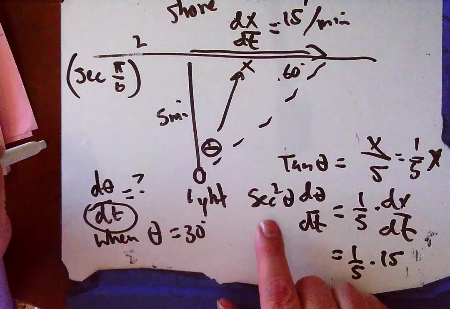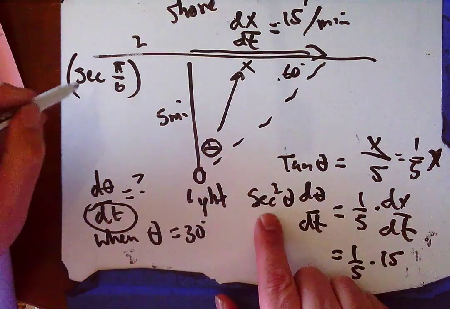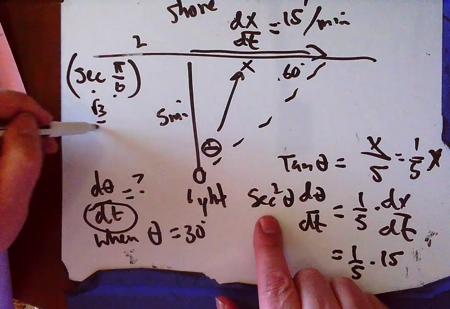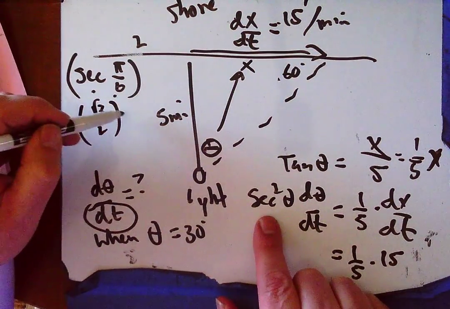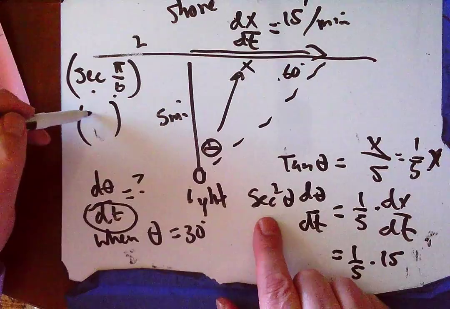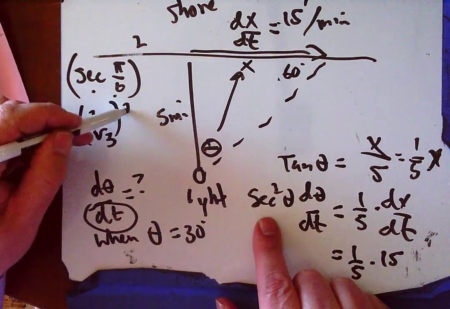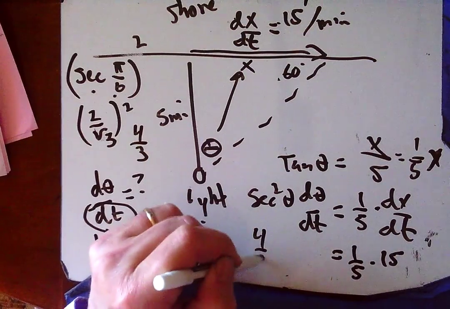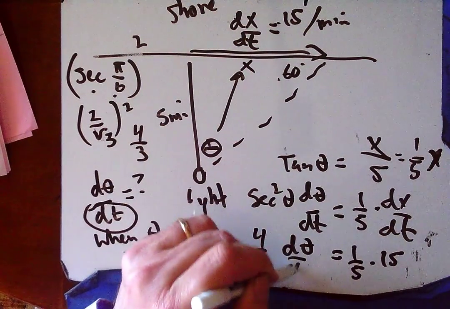Okay, so secant of pi over 6. Well, cosine of pi over 6 is root 3 over 2. Secant would be 2 over root 3. And then I'm squaring, so I get 4 over 3. So I have 4 over 3 d theta dt.